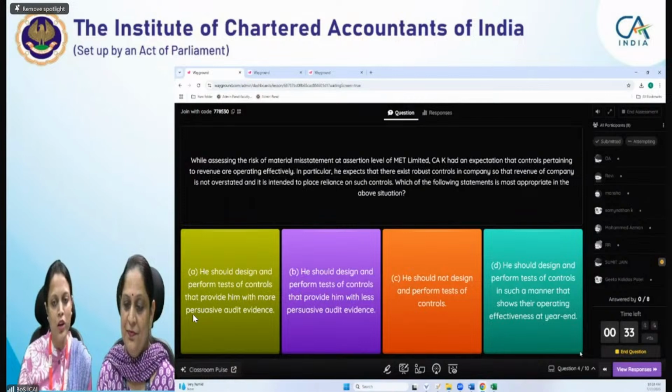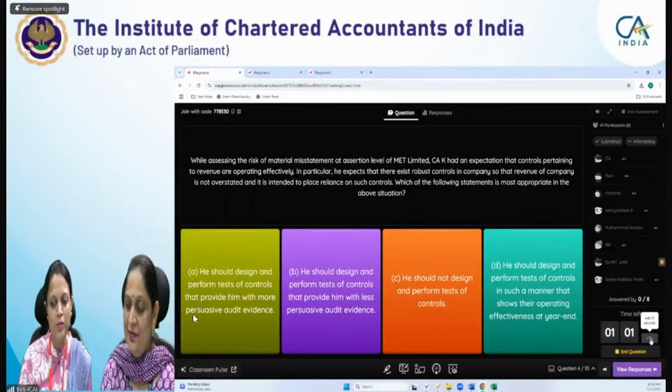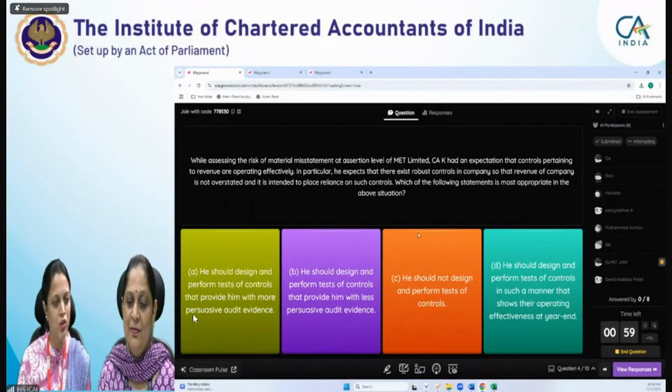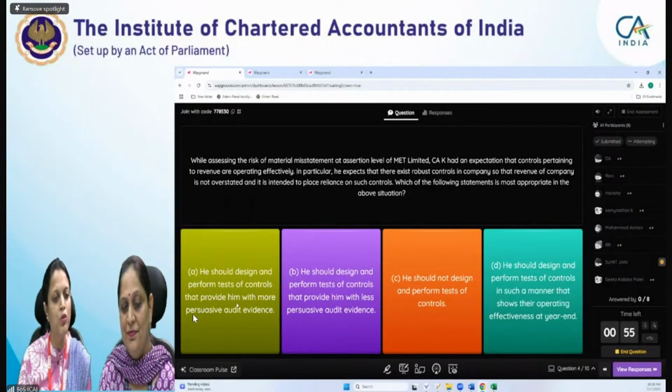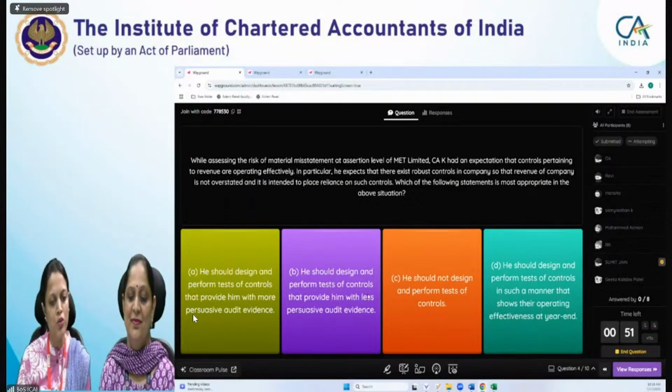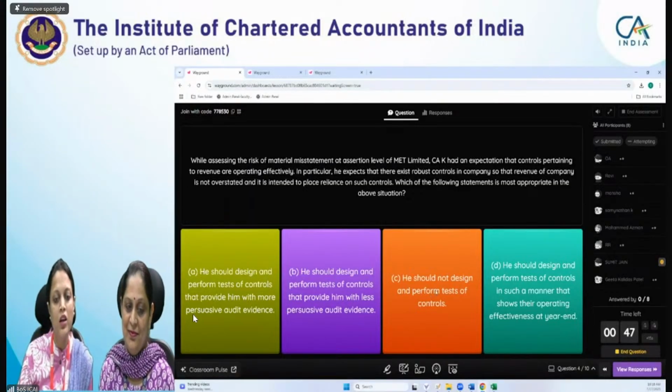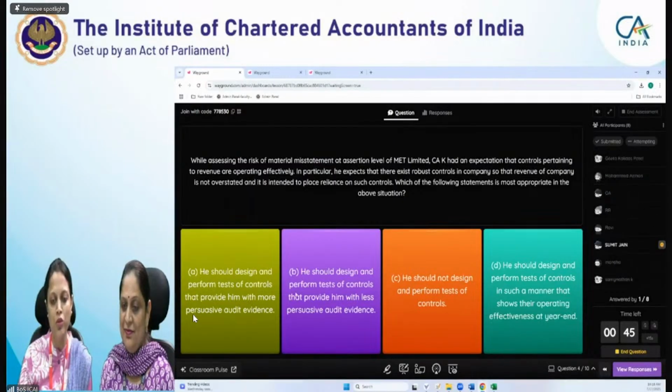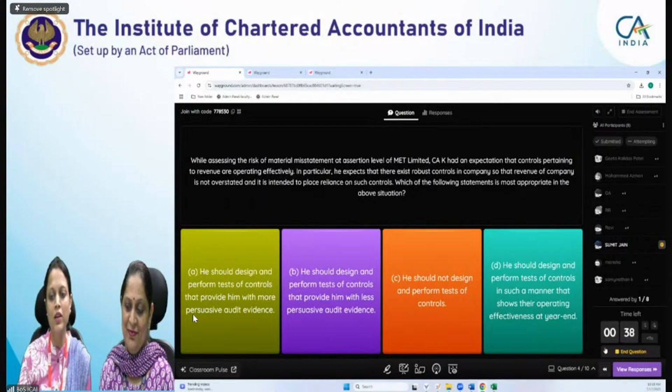Which of the following statements is most appropriate? One, he should design and perform tests of controls that provide him with more persuasive audit evidence. Two, he should design and perform tests of controls that provide him with less persuasive audit evidence. Three, he should not design and perform tests of controls. Four, he should design and perform tests of controls in such a manner that shows their operating effectiveness at year end.